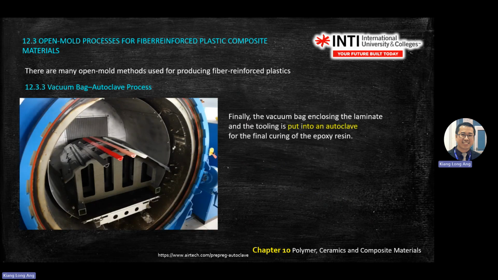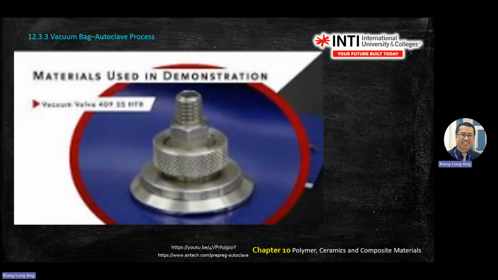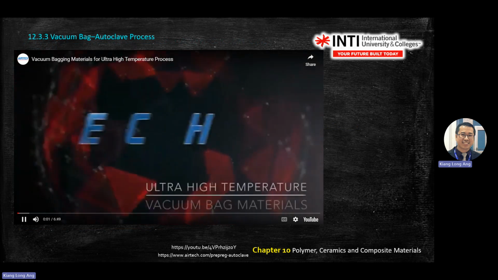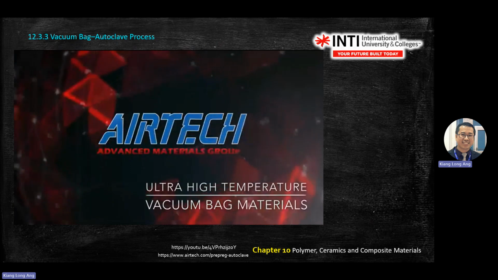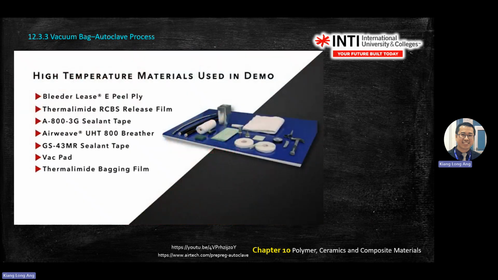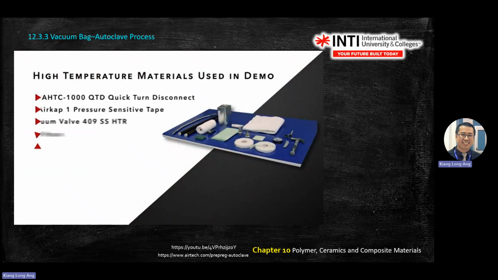So this one is the autoclave machine. It's like a big oven. You just put it in there and let it cure. And this one is vacuum bag. So these are the materials. You see the fiber here is like a cloth.